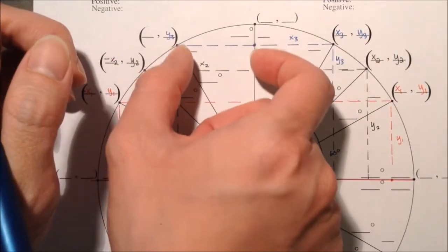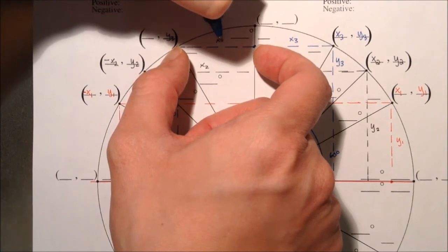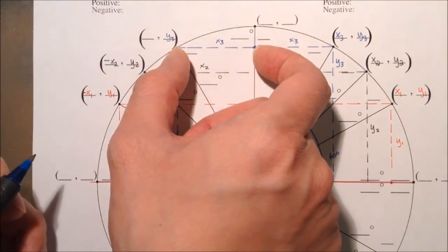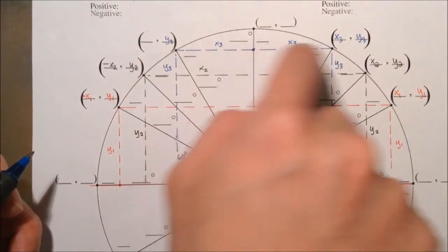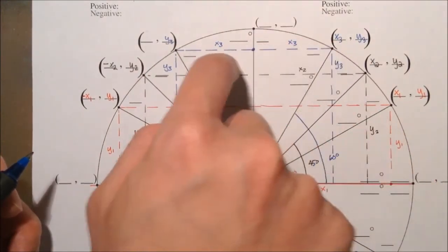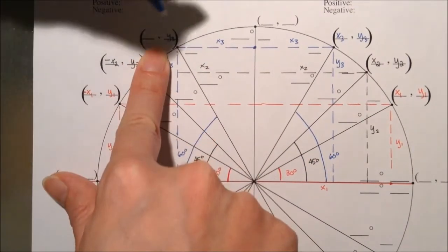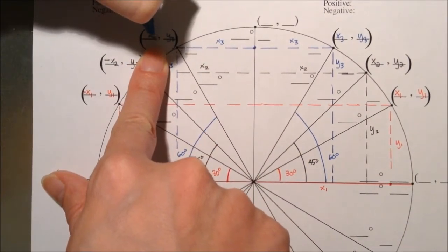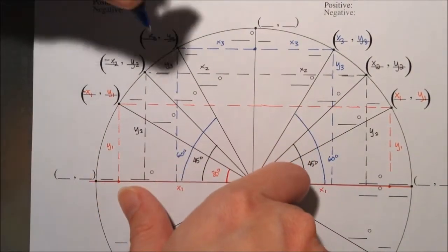I can safely say that this is also the same distance, x3, on the left side. So my x value will be x3, but since we're on the left side of the center, this is going to be negative.